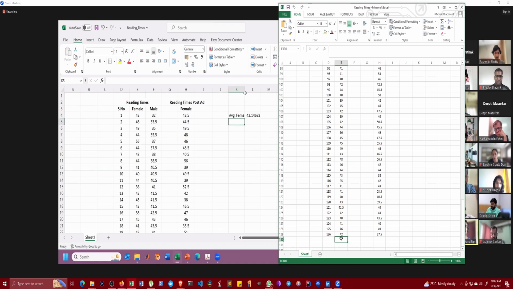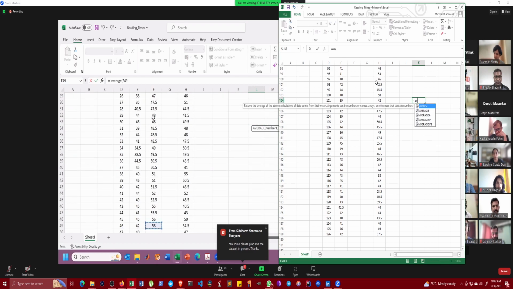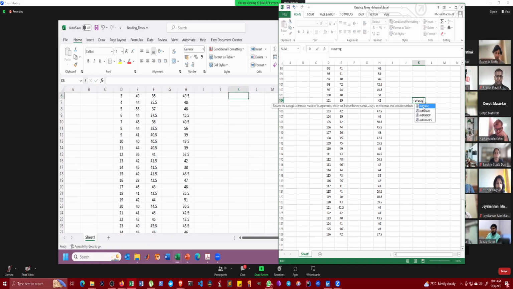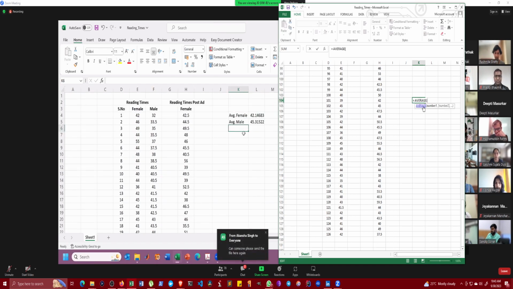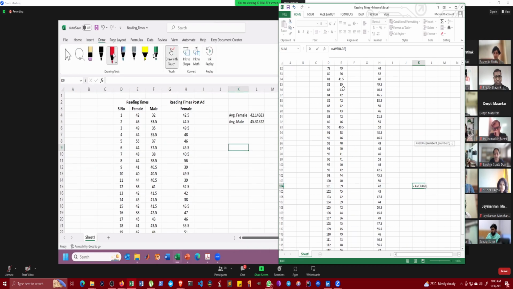Male, it is 45.31. Average for male is 45.31.